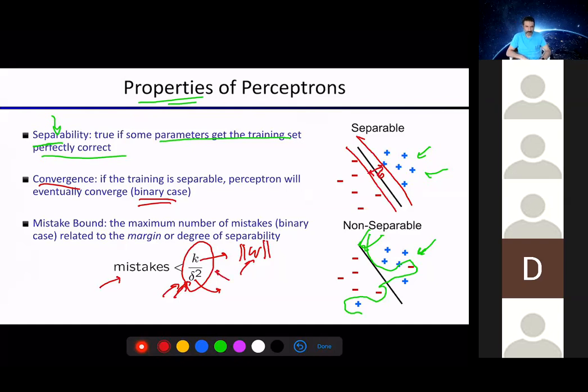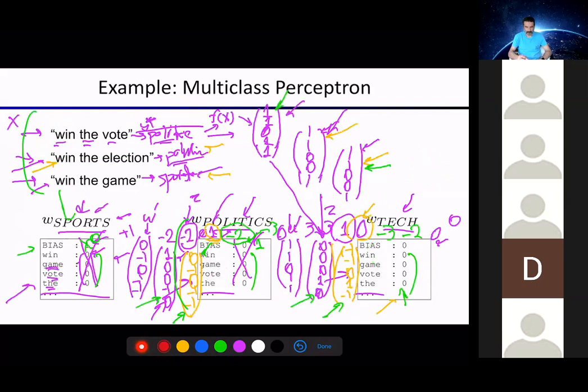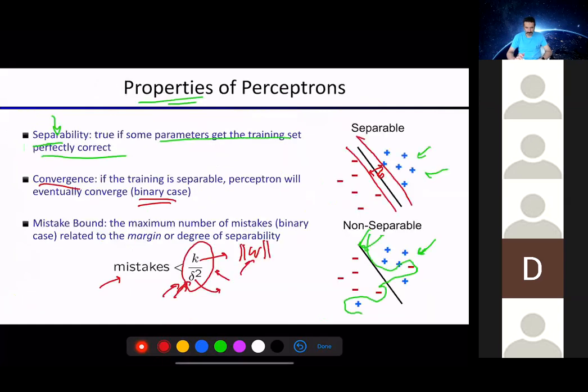We can prove it, and it's not difficult to prove this upper bound. But basically, it's an upper bound on the number of mistakes within this iterative approach. You remember how many times the algorithm made these mistakes. The number of features here was 1, 2, 3, 4, or in general 5 with bias.